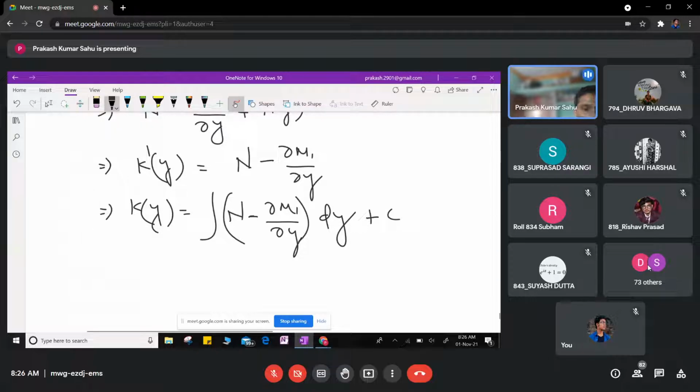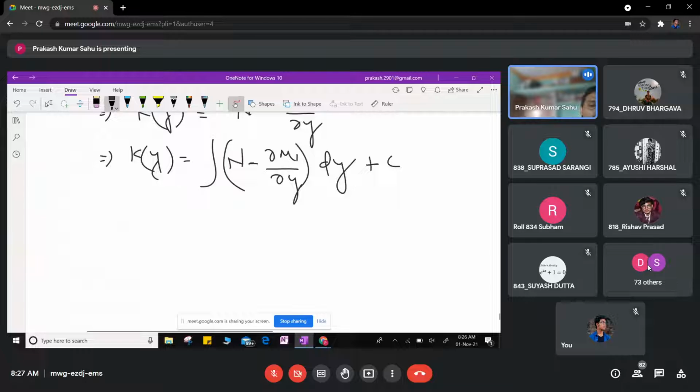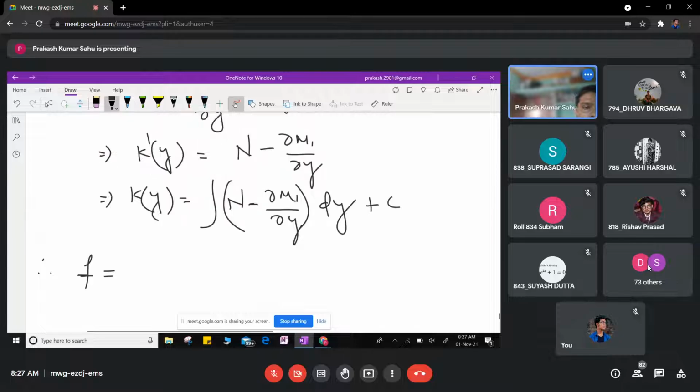And if you find k of y, then what is your solution? Your f is equal to, go to equation 2.